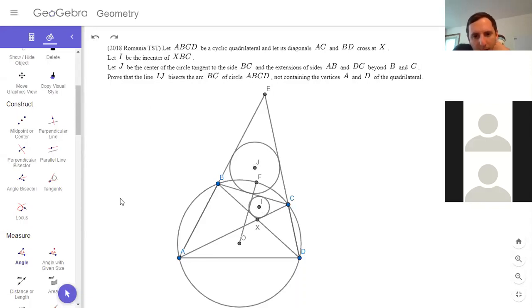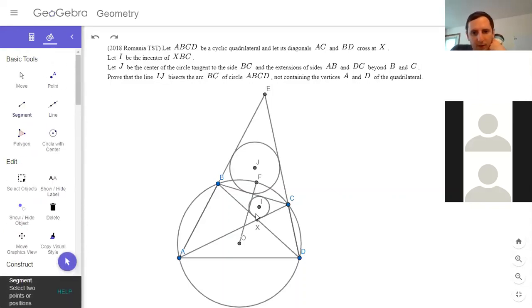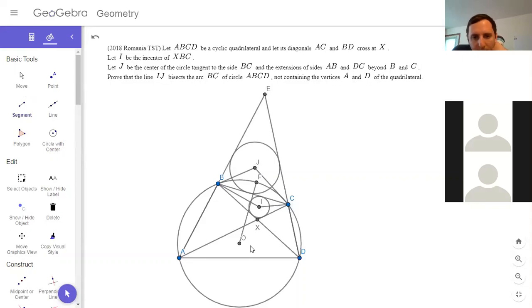I'm guessing that should be an angle chase, right? Because IBJ is half of EBD and ICJ is half of ECA. So they're equal by an angle chase. All right. So that's kind of good information.